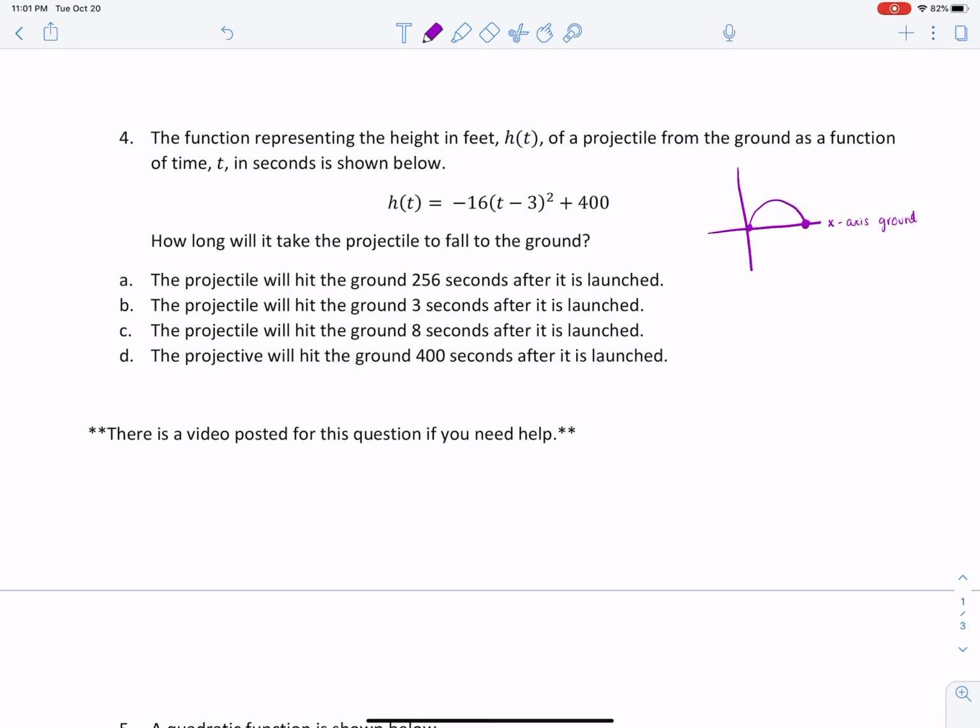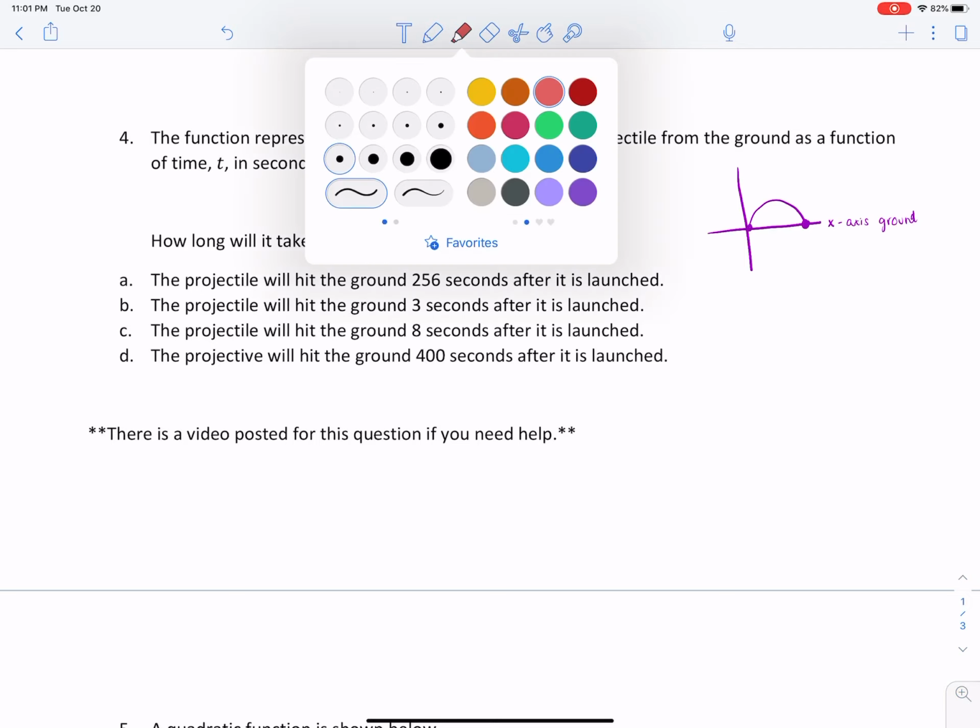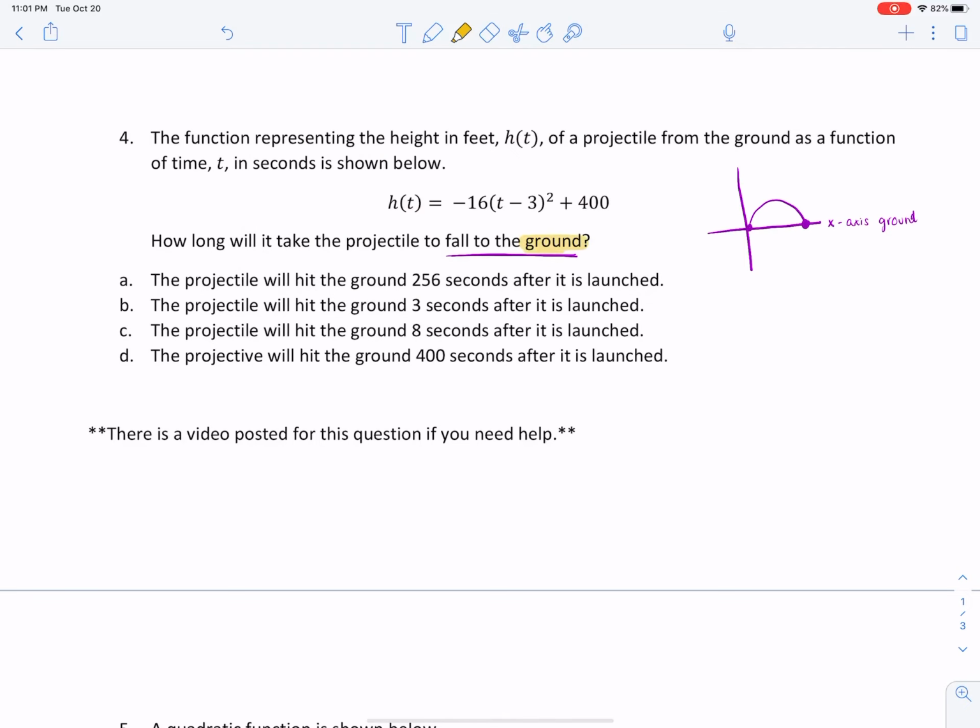The equation that fits this parabola is h of t equals negative 16 times t minus 3 squared plus 400. We want to know how long it will take the projectile to hit the ground. Okay, the ground level is a height. So the ground is a height, and we are using h of t to represent the height.